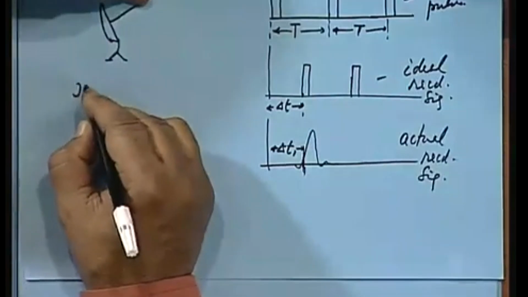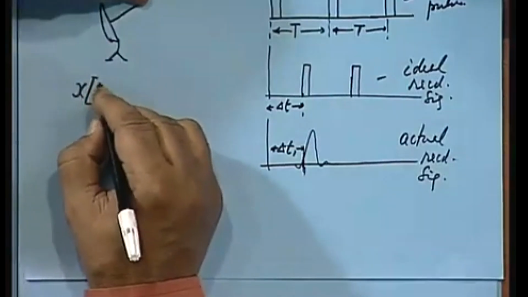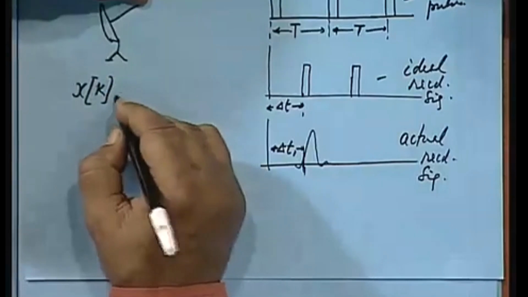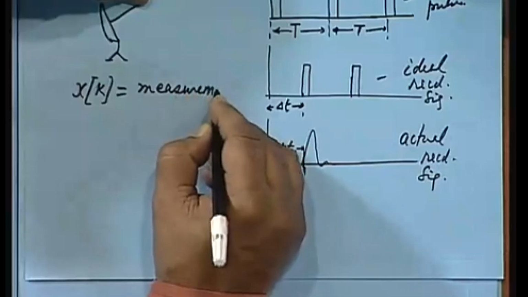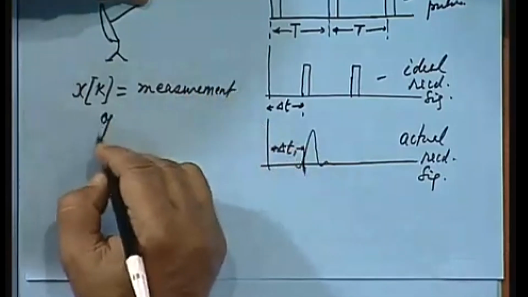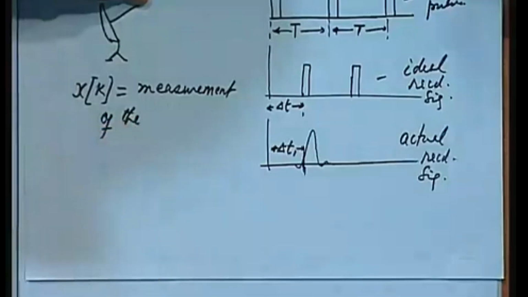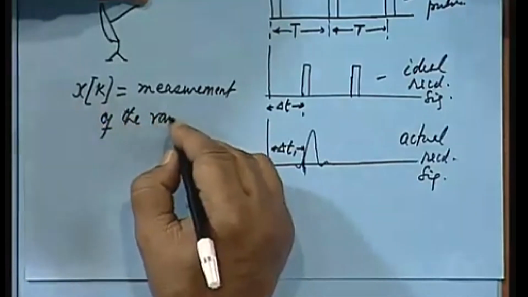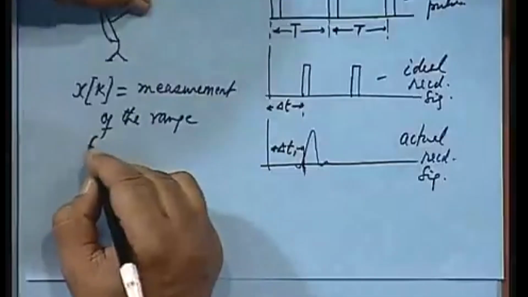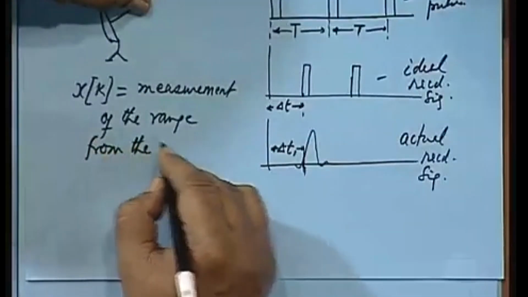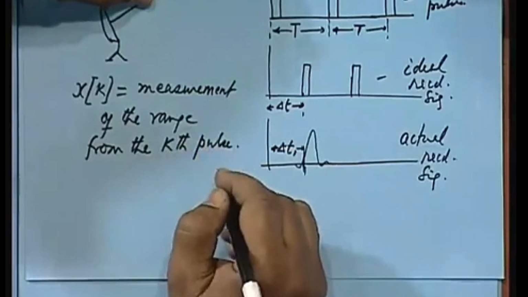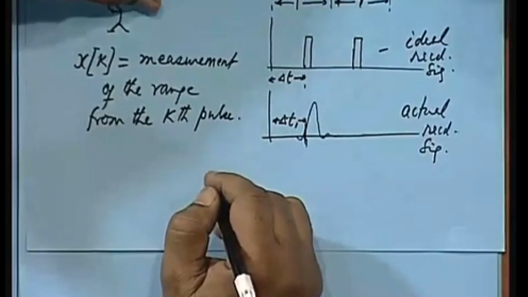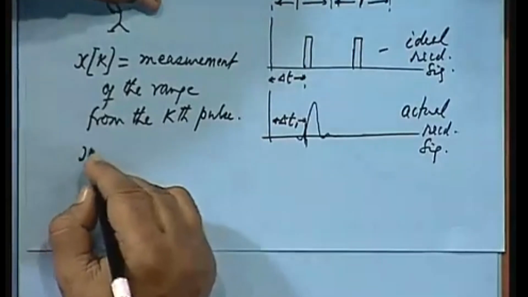Let us take xk as the measurement of the range, from the kth pulse. Okay. So, what will be xk?